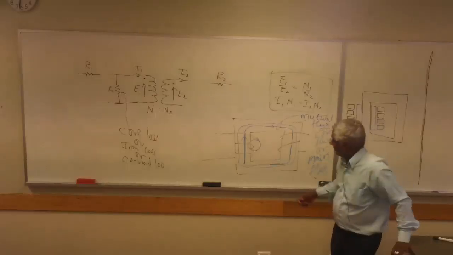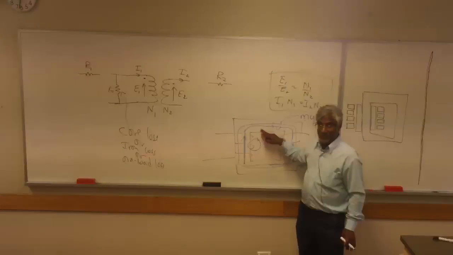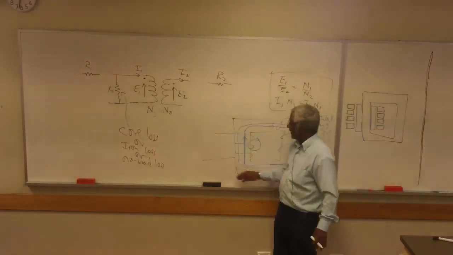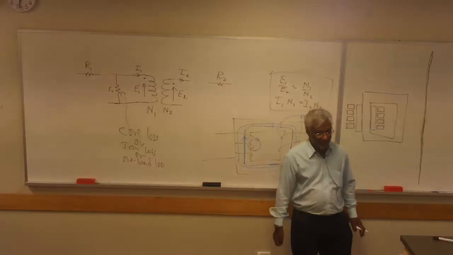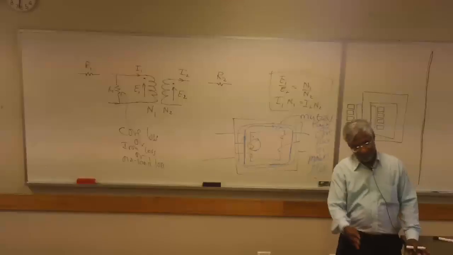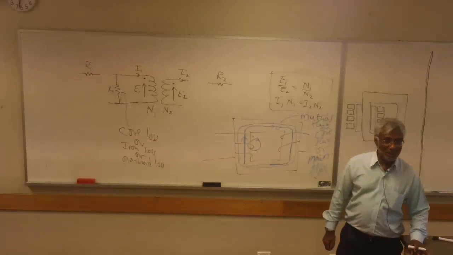So this is made of iron, therefore it has high permeability. And this is air here and air there. They have low permeability. Now, this is power systems analysis. You're hoping to be a power engineer.